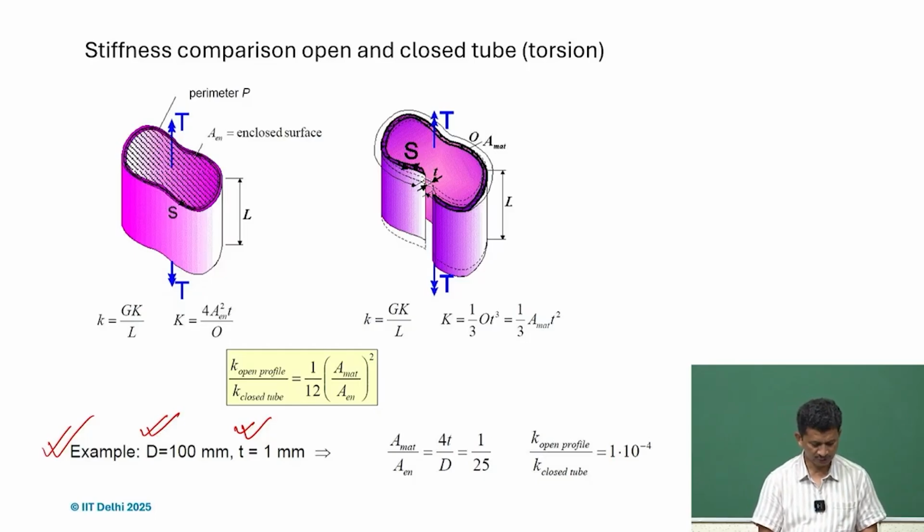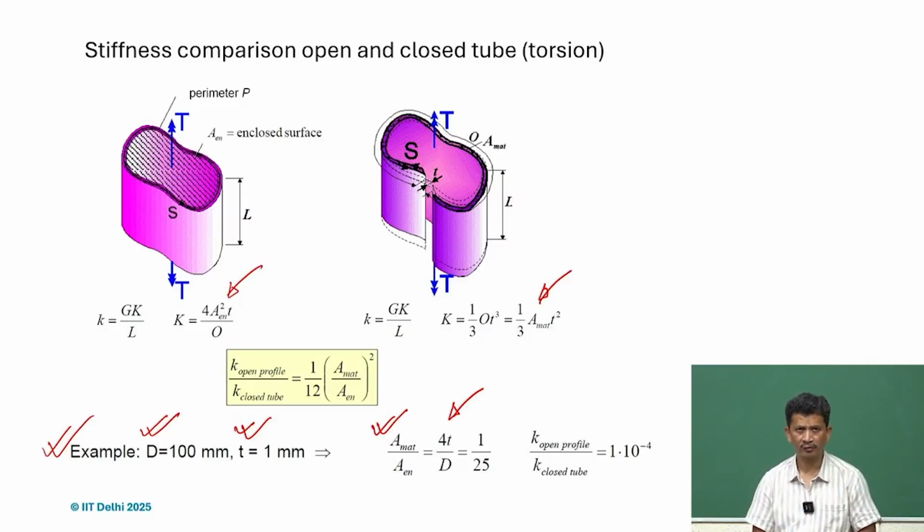If we compare the ratio of the areas, A material versus A enclosed, we can easily find that, because one is the perimeter multiplied by T, and for the enclosed area it is the closed surface area, pi d square by 4.